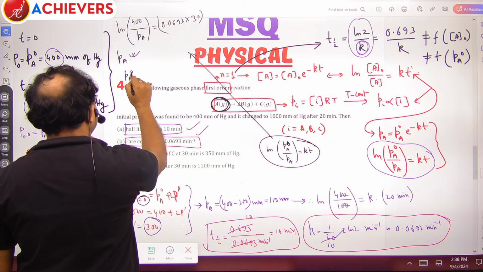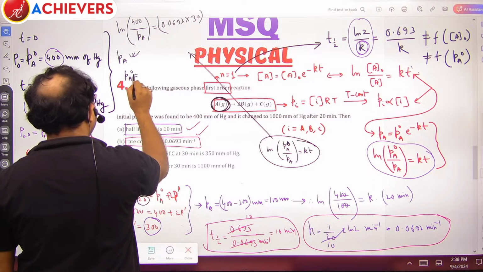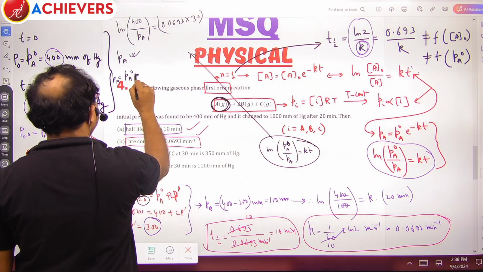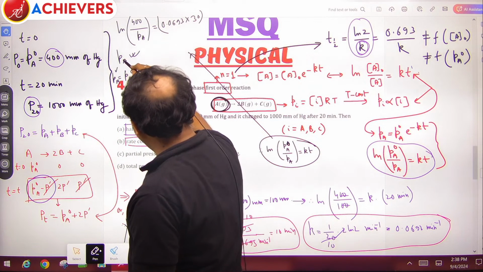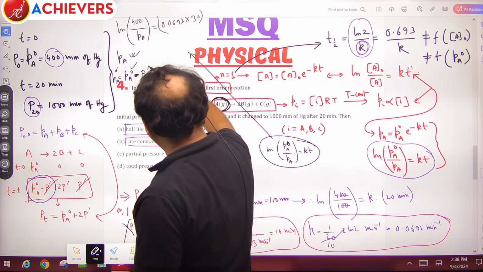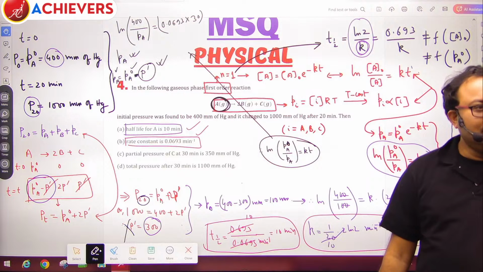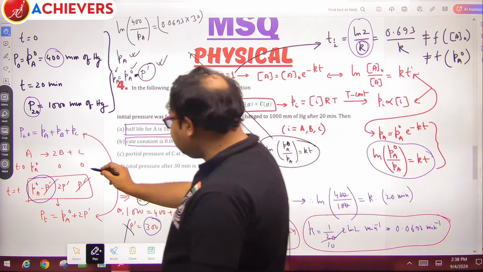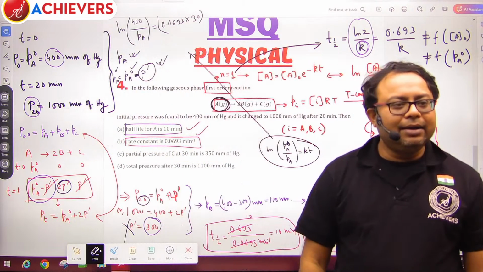PA is equal to PA naught minus P dash. So if you know the value of PA, and you know the value of PA naught, you can find out the value of P dash easily. And B is nothing but 2P dash, so double it, you'll get the result.